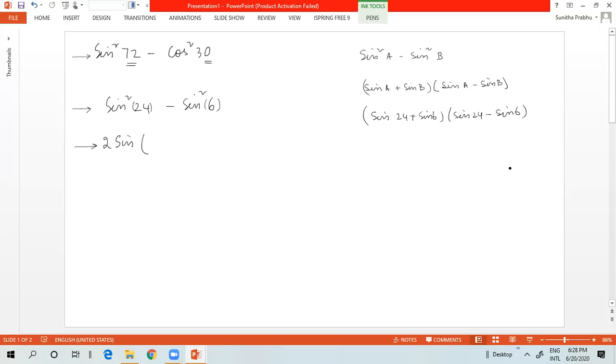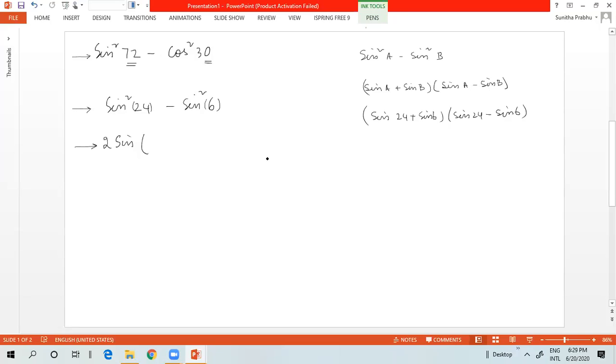In the previous problem, we derived that sine square A minus sine square B is sine A plus B into sine A minus B, and that the product of the cos is 1. If we get 15 and 9, taking 2 theta we get 30 and 18.